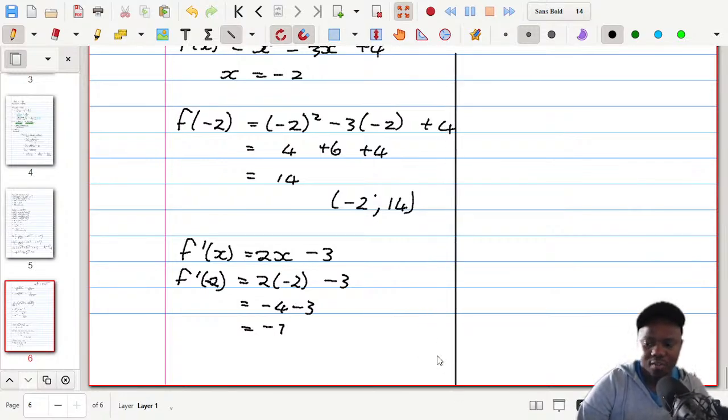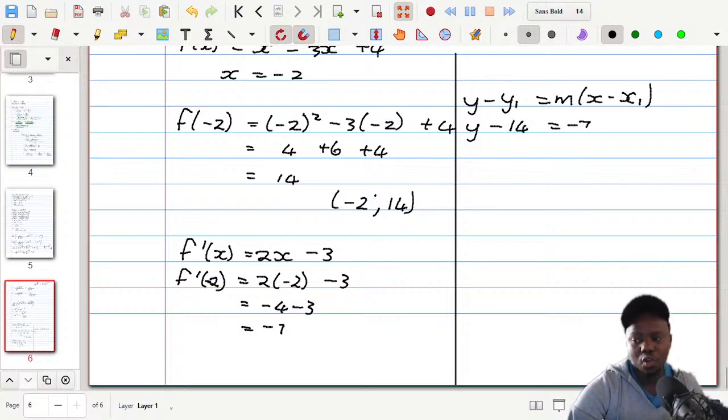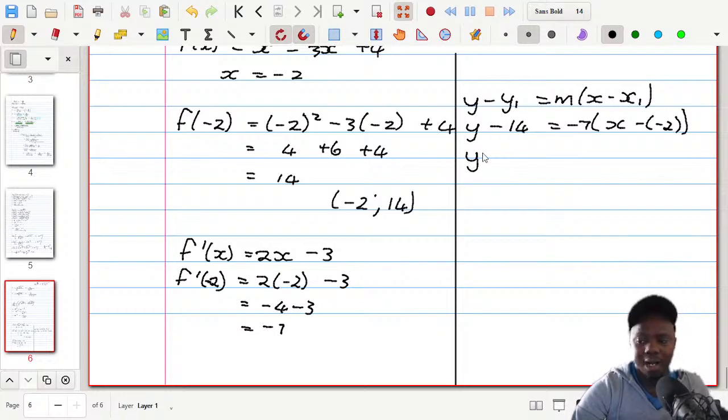Now we can use the equation of the straight line. Let me just do it on the side here. So we're going to use y minus y1 equals m into x minus x1. So y minus y1, that's 14, is equal to your gradient, -7, into x minus -2. Whoops, before I do that, let me simplify this.